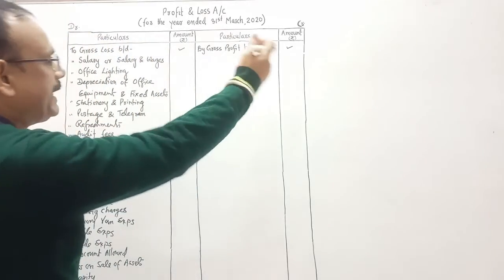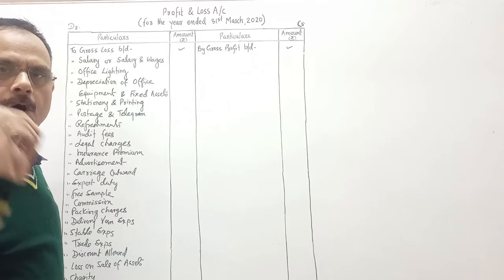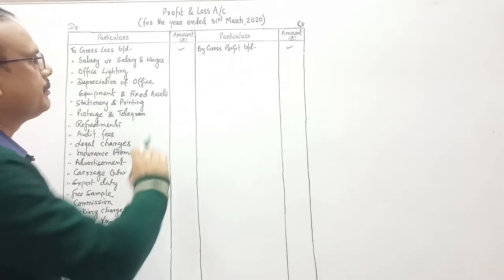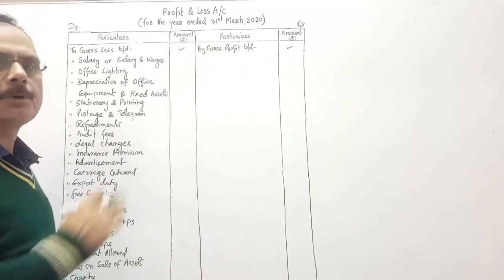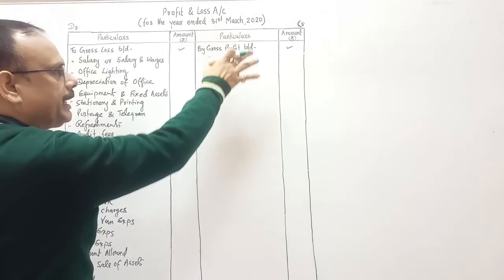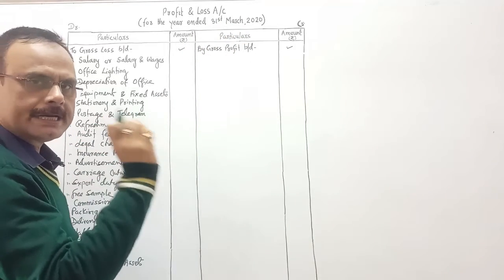Now coming to the credit side, we will write all indirect income on the credit side of the profit and loss account. This side is your income side, all indirect income.